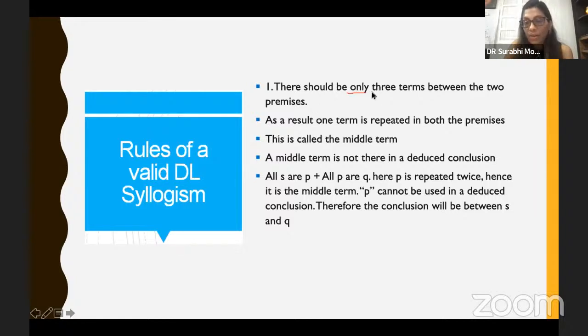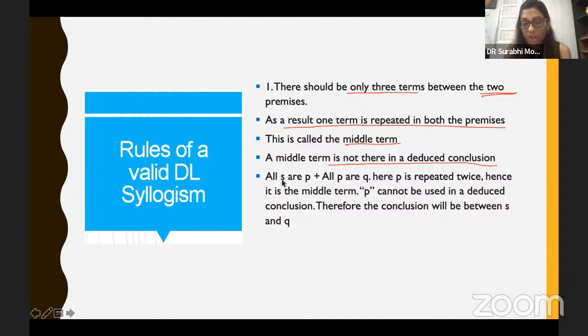So there are three terms in the first two statements. We know that a term is repeated in both the premises. This is known as the middle term. And a middle term is not present in the conclusion.